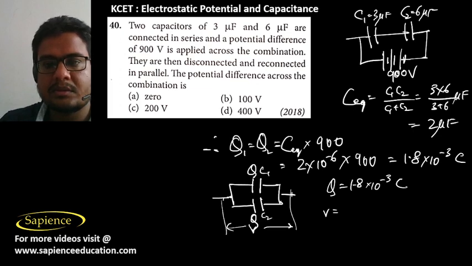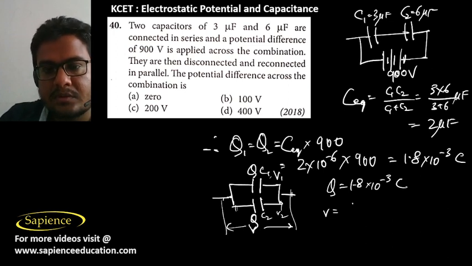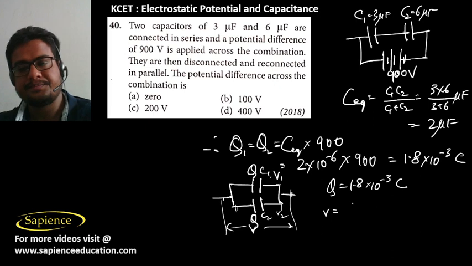Across this the potential is V1, across this the potential is V2. Charge redistribution will take place so that the potential difference across them will be the same.